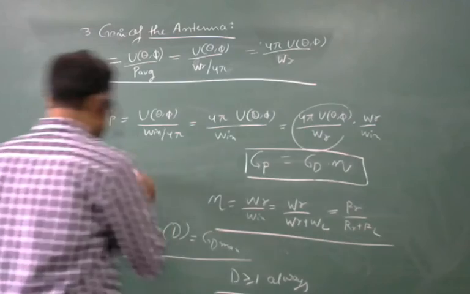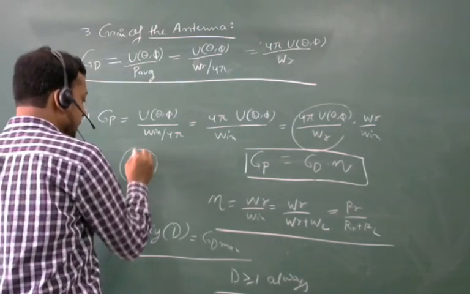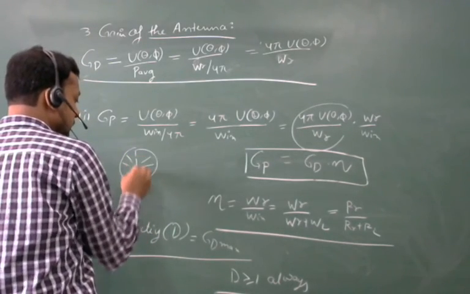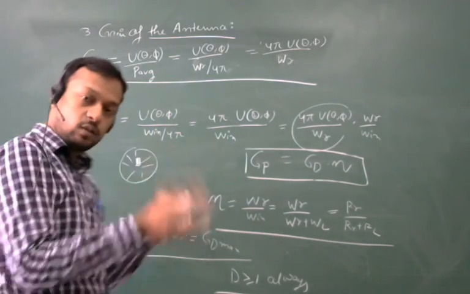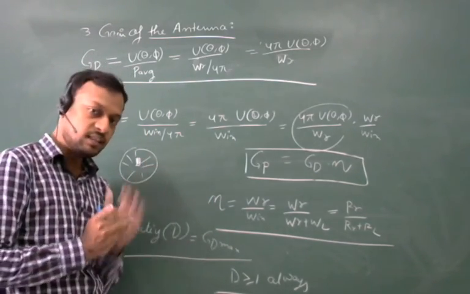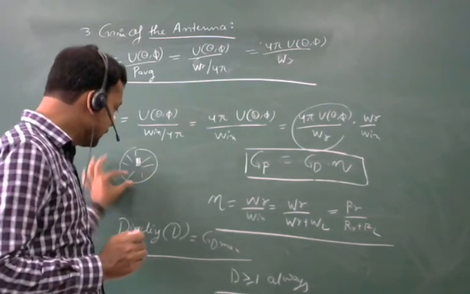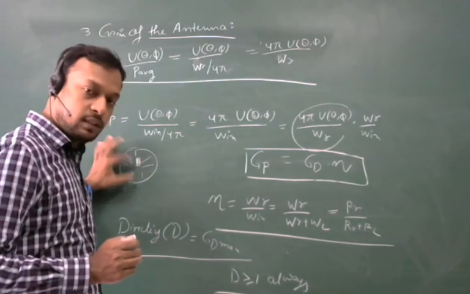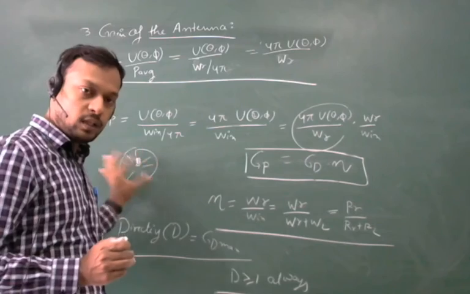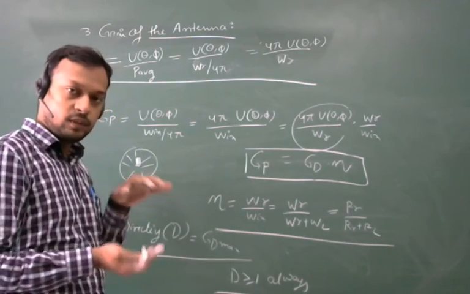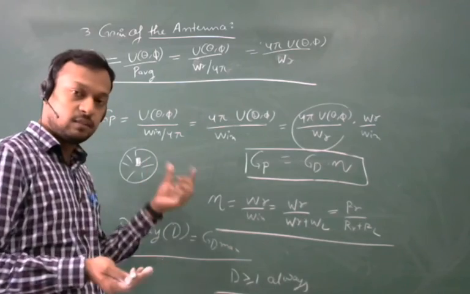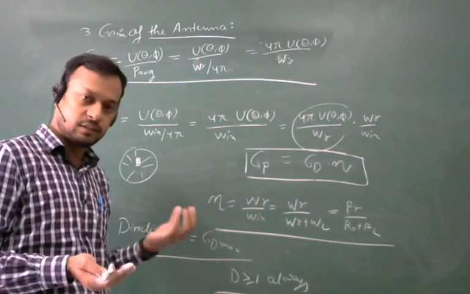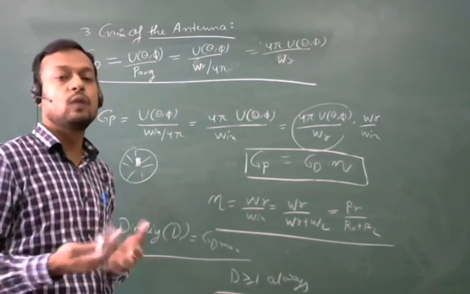Because if we have the situation of an isotropic antenna, it radiates equally in all directions. That is the ideal case. So if we take the average power divided by the power, and the power is equal in all directions, it will definitely give you 1.